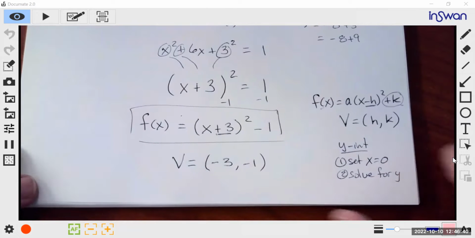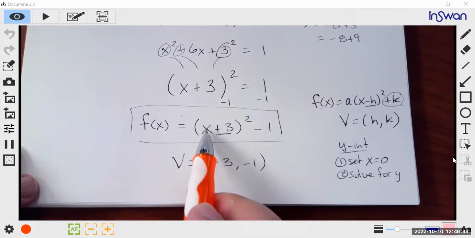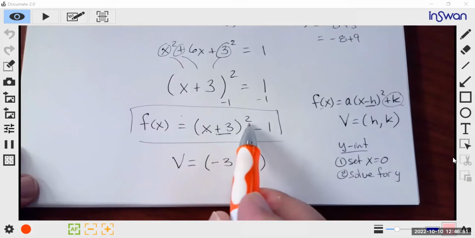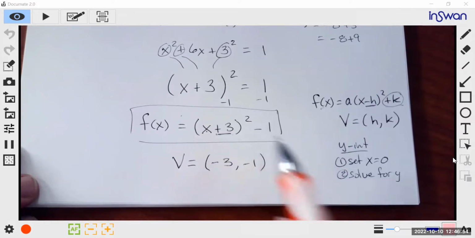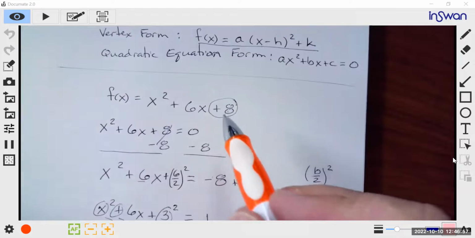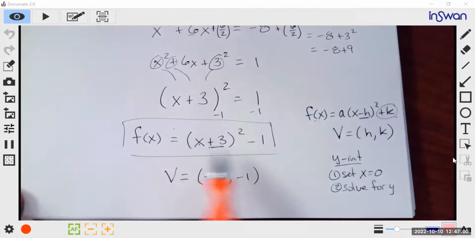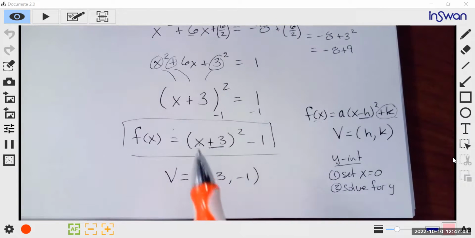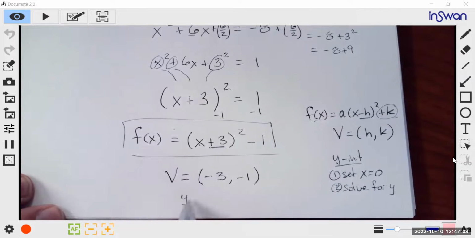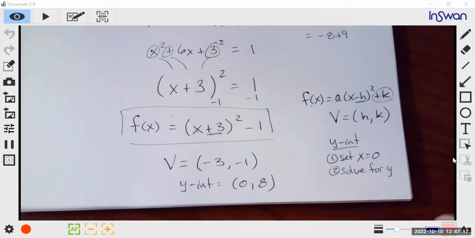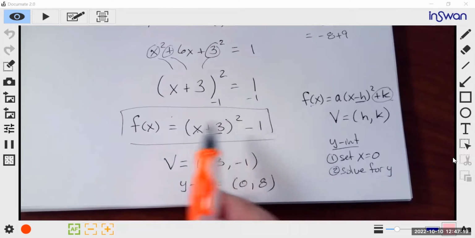So if we set x equal to 0, what do we have inside the parentheses? Just 3. 3 squared is 9, minus 1 is 8. There's the y-intercept. So if you get the vertex form, just set x equal to 0 and solve it. That's your y-intercept. So your y-intercept is at (0, 8). How would you find the x-intercepts?